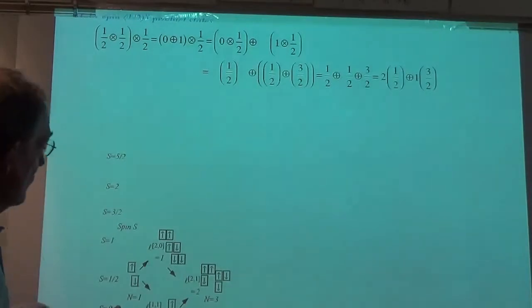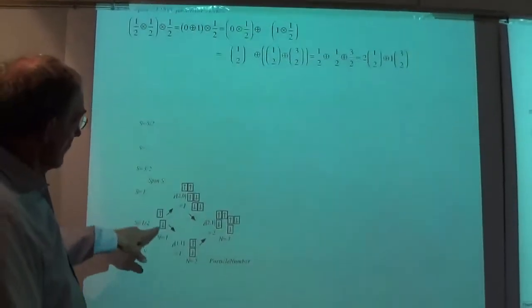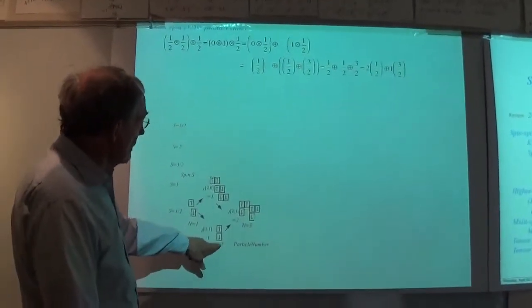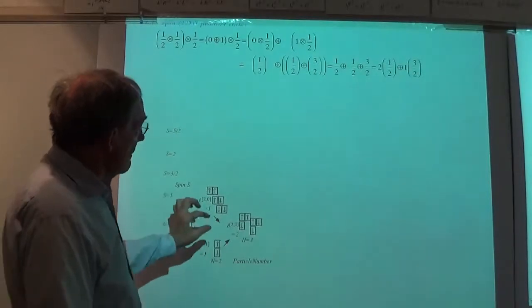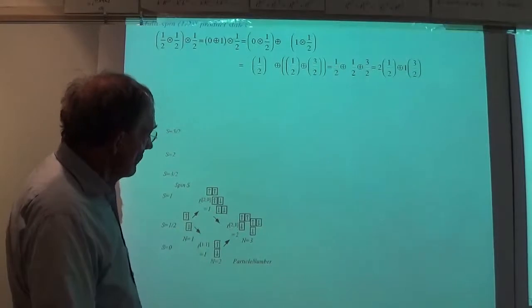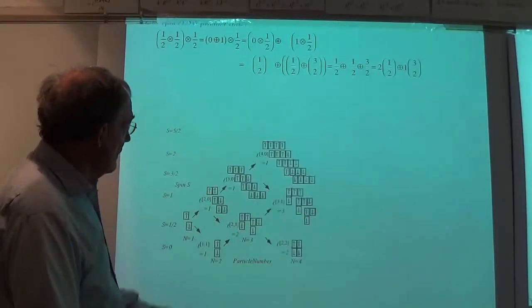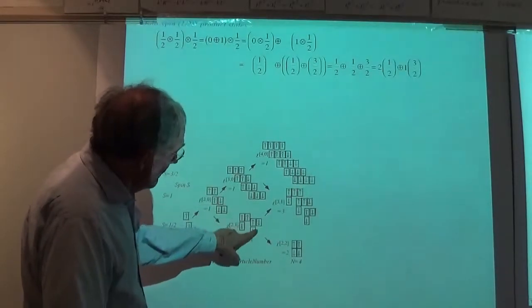So here's the way I like to look at it. As I go up the spin ladder here, with here's n equal 2. Okay, now I'm going for n equal 3. The idea is each time I'm going to put a spin up and a down onto what I've got here. So I start doing that, and for n equals 3, I get spin 3/2 and spin a half.